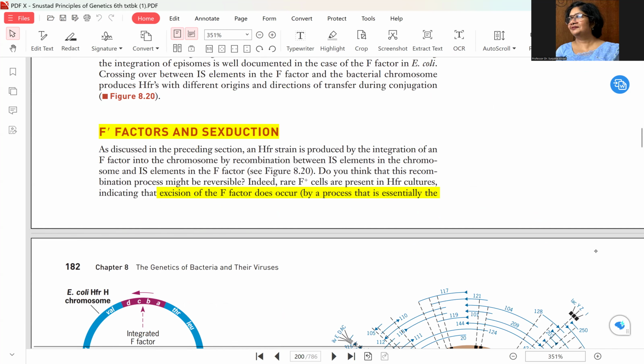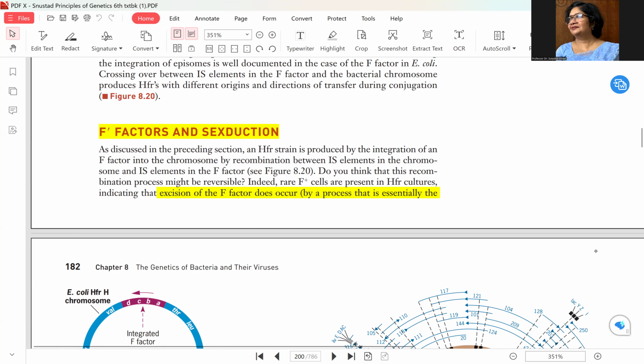So you know that any sexual process involves the transfer of genetic information from one cell into another. In case of an HFR cell, when the F factor is getting transferred into the recipient cell, some bacterial DNA is also getting transferred. But when the bacterial DNA is getting transferred, the incoming DNA can replace the DNA in the recipient cell, and the bacterial cell does not become a diploid cell.